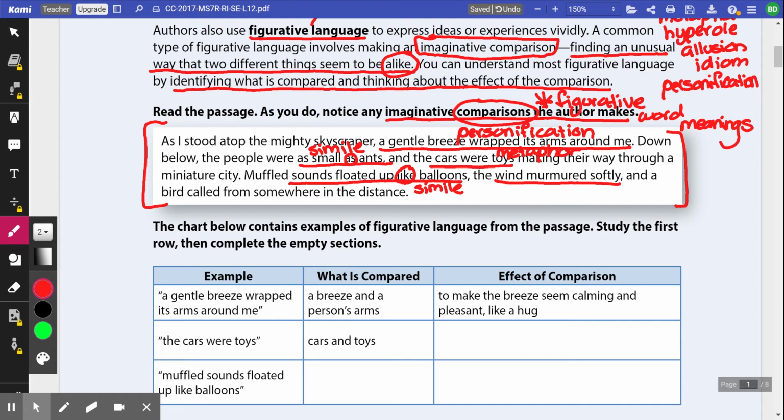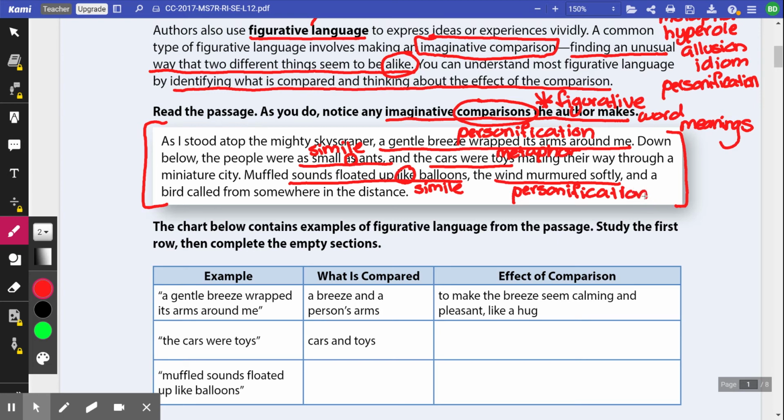So next we have the wind murmured softly. If you are curious what murmuring is, it's almost like a whisper. The sentence makes it seem like the wind is talking, but wind can't actually talk, right? Because it's not a human being. So we know that this is personification.